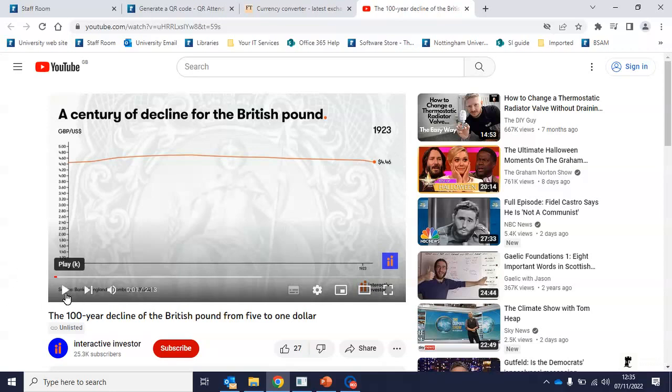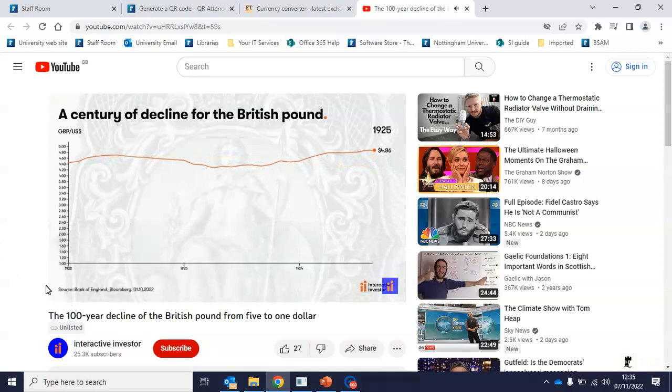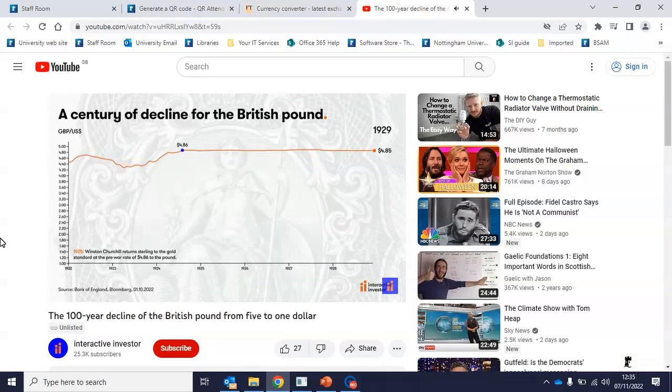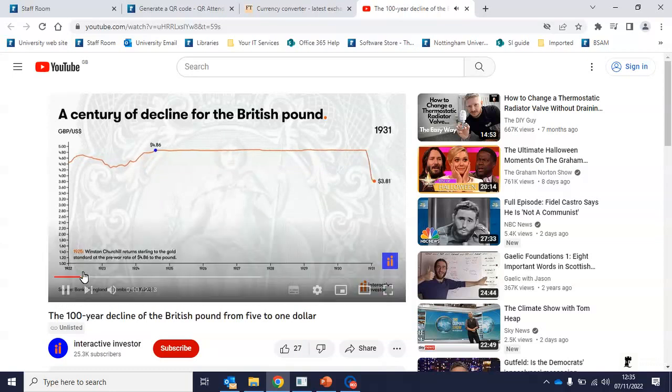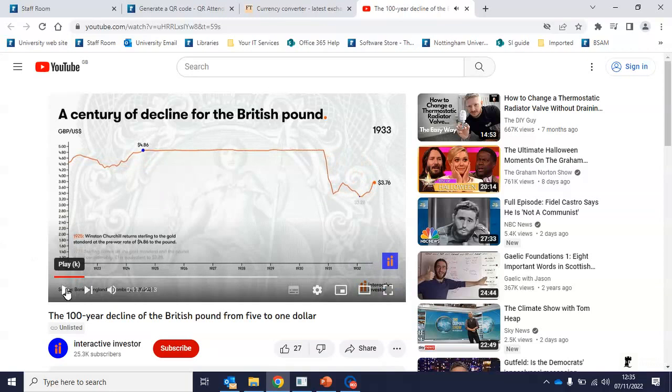So I'm showing this to you, but when you go back home, the link is in the slides. What I want you to do is to note down the key moments in the history. For example, in 1925, Winston Churchill returns sterling to the gold standard at the pre-war rate of 4.86 to the pound.